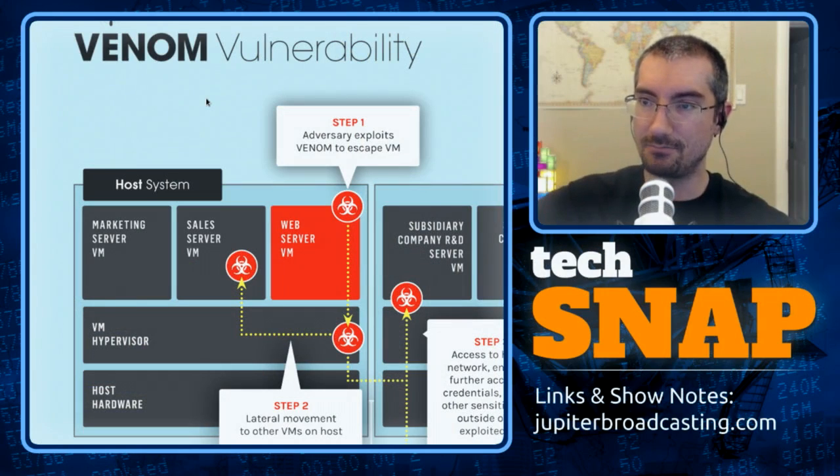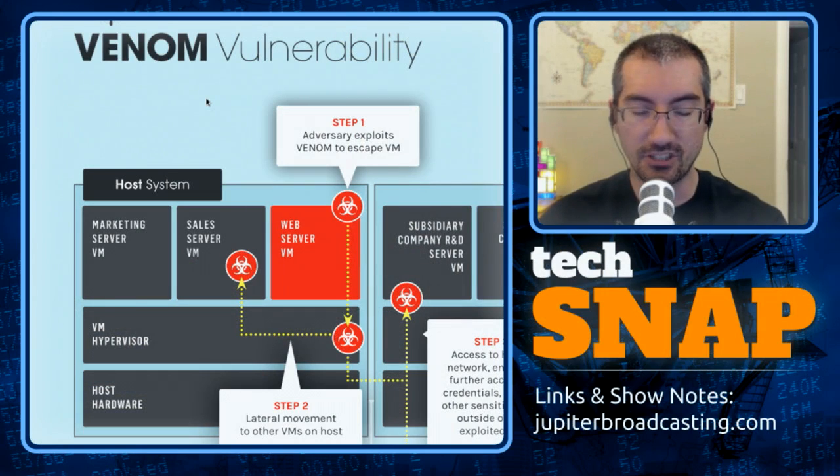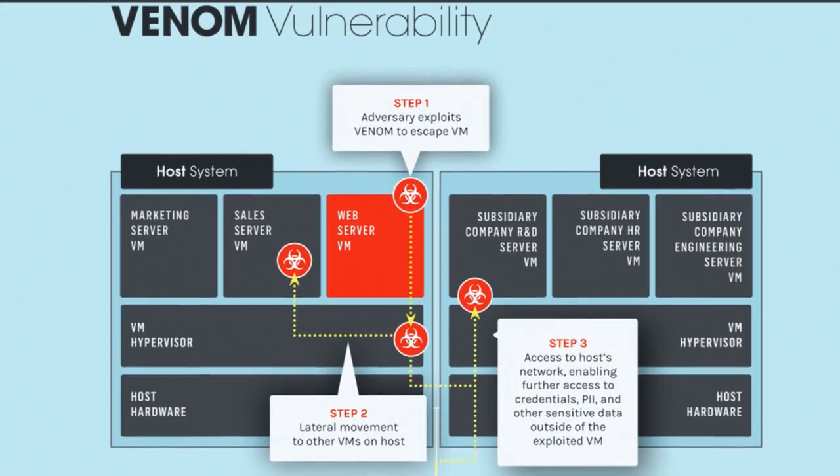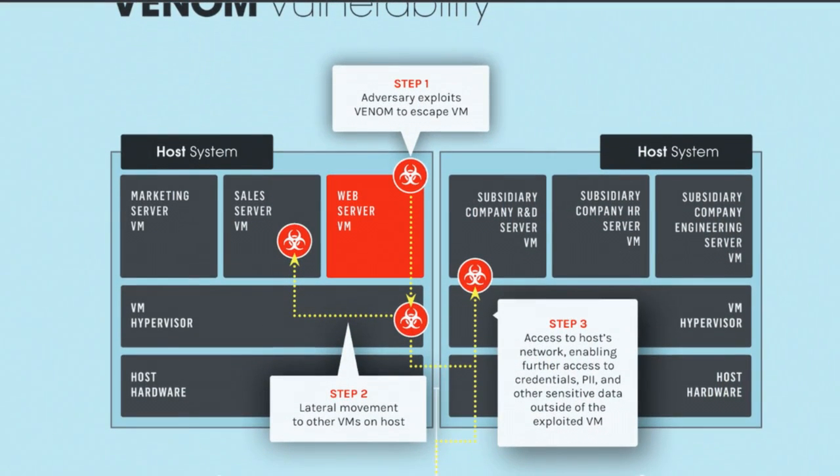So looking at the diagram Chris is showing there, you start by having access to one of the virtual machines. Depending on how you're exploiting this, if it's at Amazon or something, then you rent your own virtual machine or hack into somebody else's, and you have root, and then you send these commands to the floppy disk, then you break out and get access on the host.